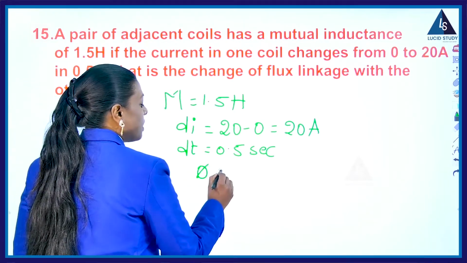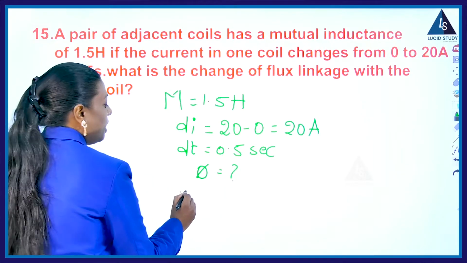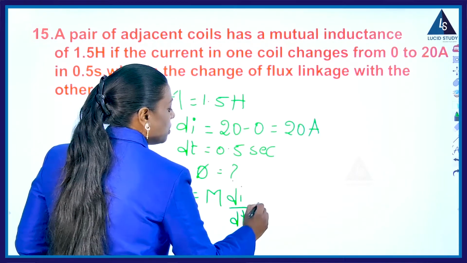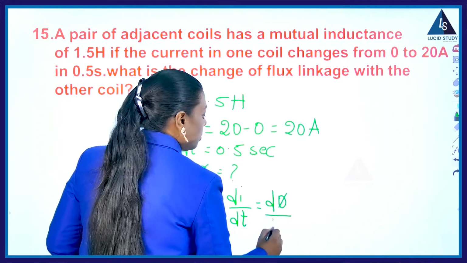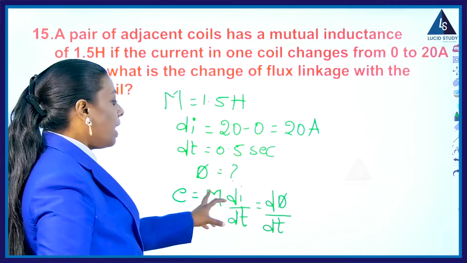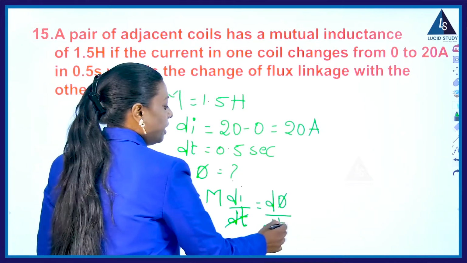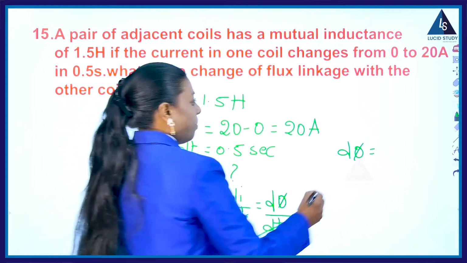So he is asking for the flux, phi. Now here we have the formula E equal to M dI by dt. This can also be written as d phi by dt. So M dI by dt is equal to d phi by dt. dt gets cancelled and d phi is equal to M into dI.